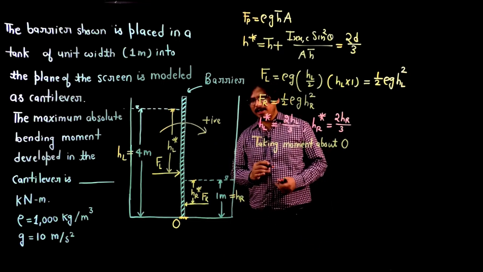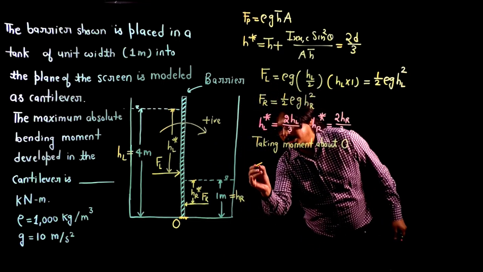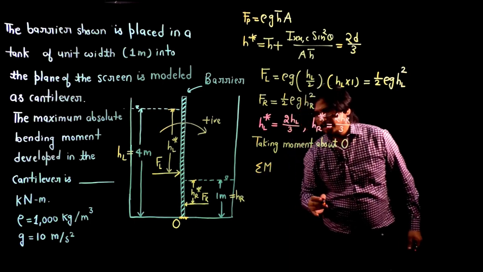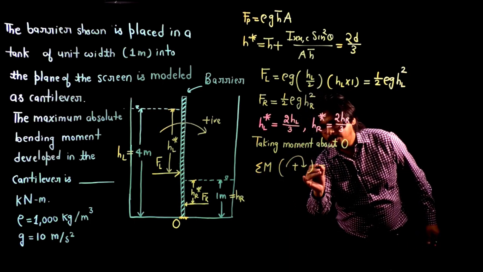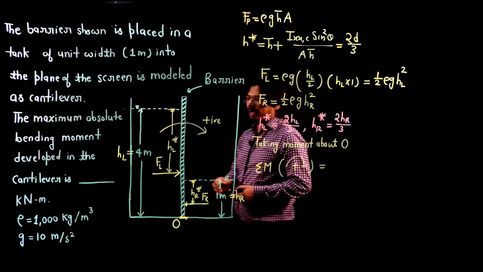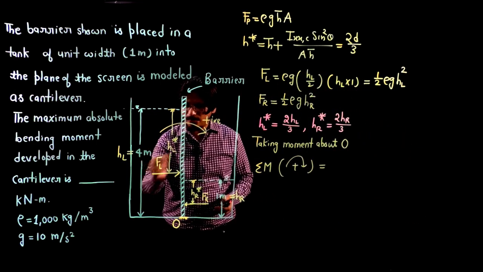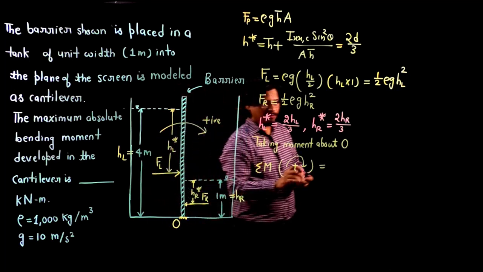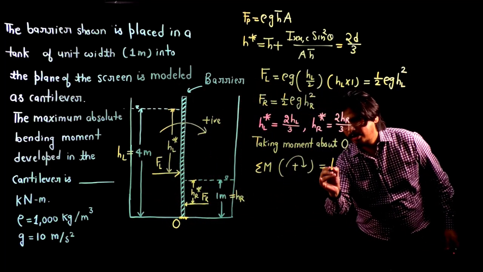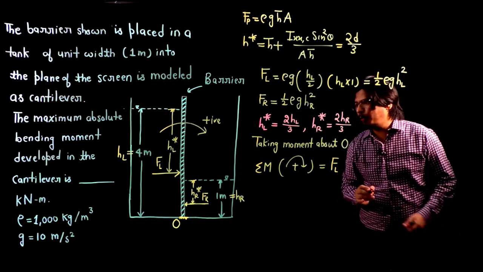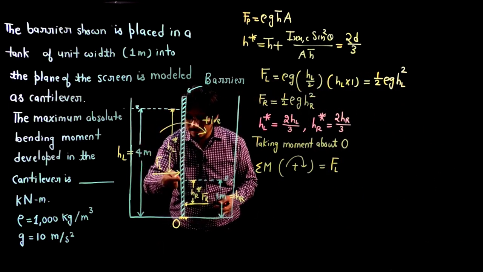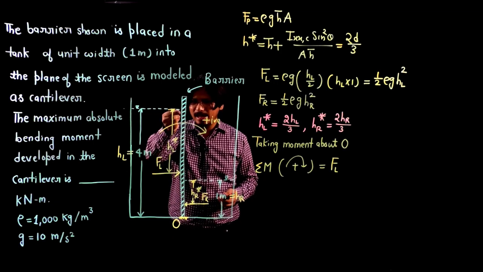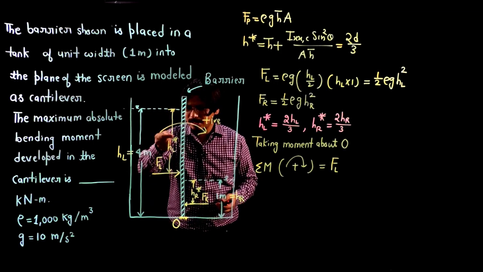So look at here, my friends, what will be the net moment? The clockwise moment is positive. Let us try to find the moment of this force FL. So force FL into the perpendicular distance from O. This total is HL, this is HL star.